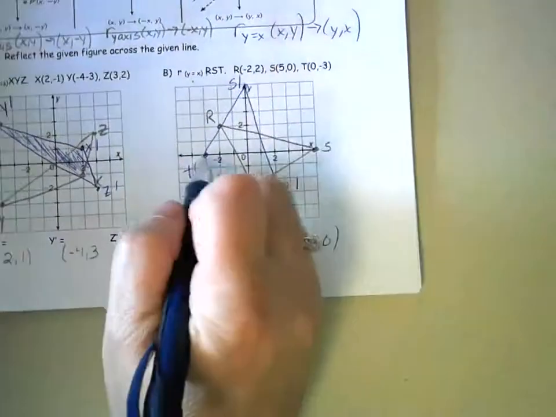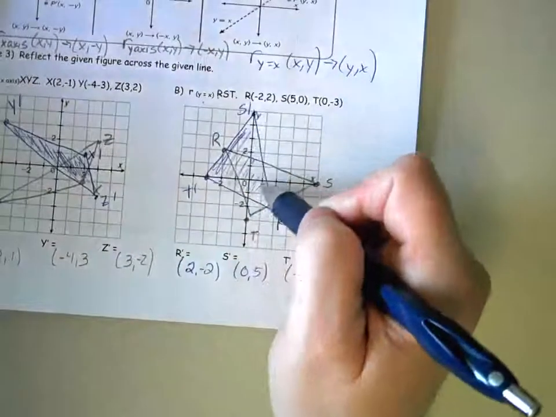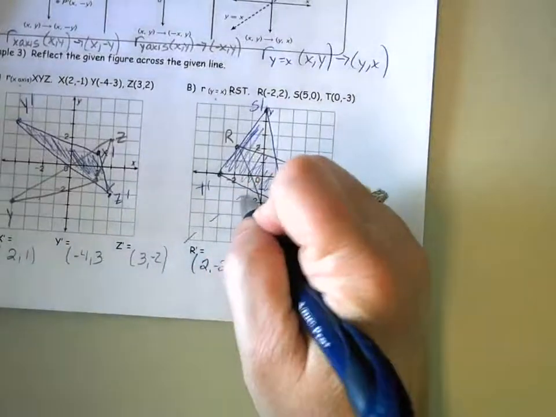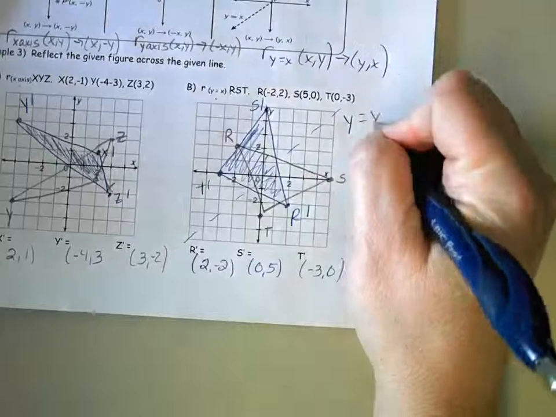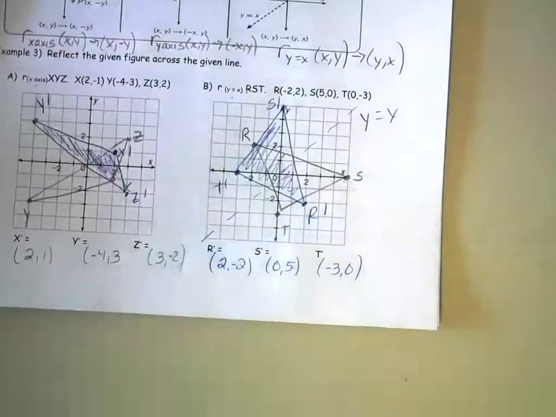And when we connect those three, I'm going to kind of shade that in. And just to draw it in here, right here, that is the line y equals x, and you can see we're reflecting over that line.